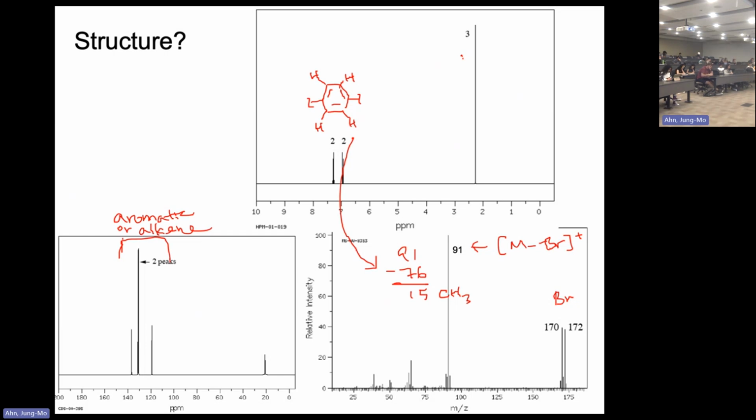If you subtract this part, only 15 remains. So we found the bromine from here. Only the resting piece is a methyl group. The methyl group is missing, and that's basically everything. And because we already know the mass of the molecule, there cannot be anything more. So we got a methyl group, we got the para-substituted benzene, and then we have a bromine. Only 3 things to put together.